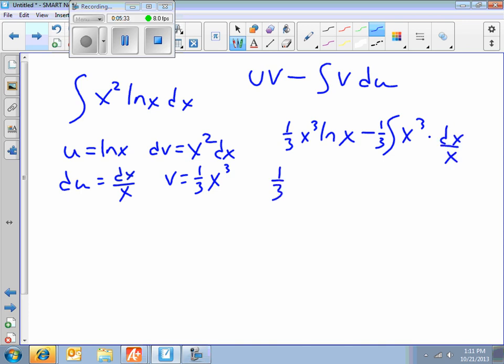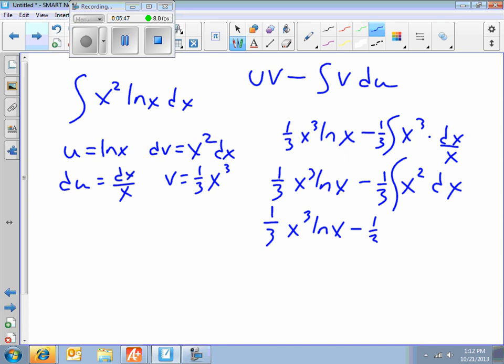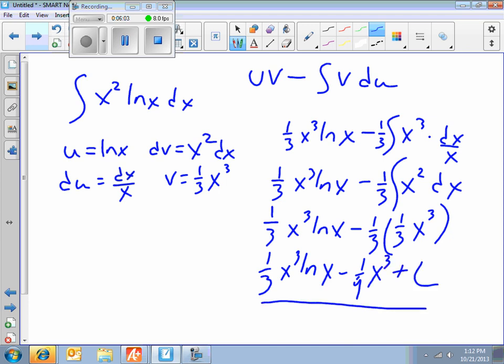So it's 1/3 x cubed natural log of x minus the integral of 1/3 x cubed divided by x, which is x squared dx, and of course we're integrating that. So it's 1/3 x cubed natural log of x minus 1/3 times the integral of x squared, which is 1/3 x cubed. So now we have 1/3 x cubed natural log of x minus 1/9 x cubed plus c, of course, and we've integrated.